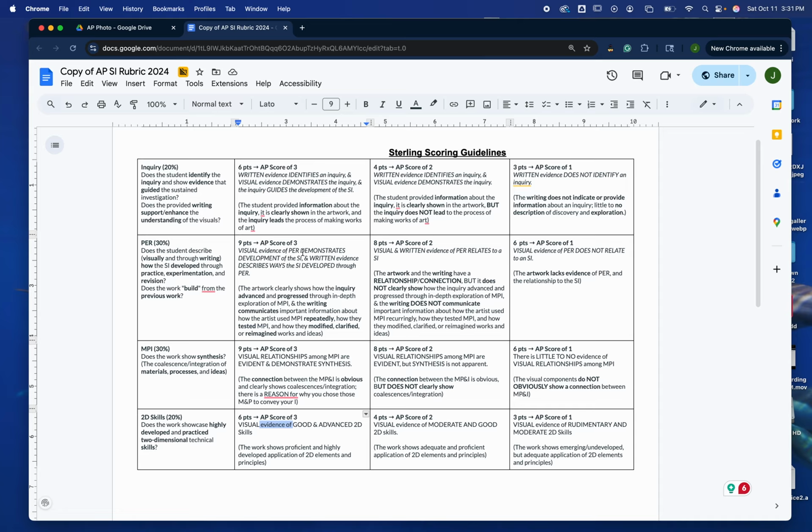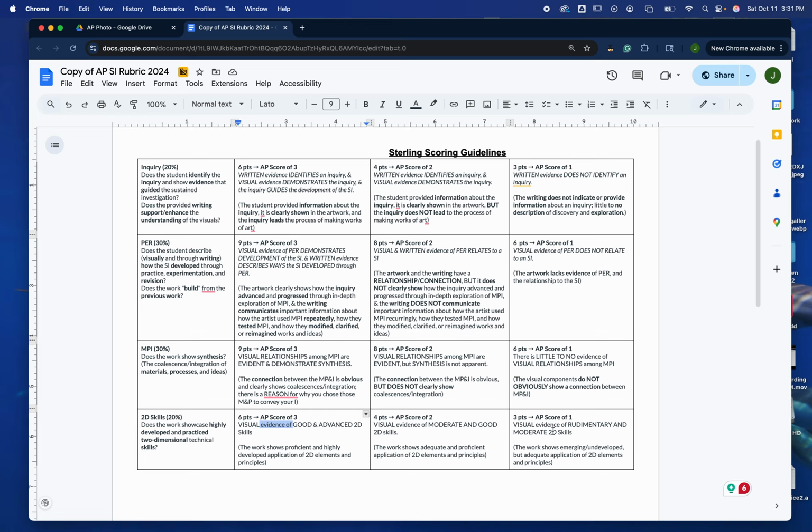So this is basically how all of our work will be scored. All of our sustained investigation work will be scored for the remainder of the course. There'll be a couple other auxiliary and revision projects that we'll do that'll be probably more like the other rubric. You know, the good and the bad thing about this rubric is because we have a category that's about revision and an inquiry that covers a broader topic, it's hard to apply this to an individual photo.